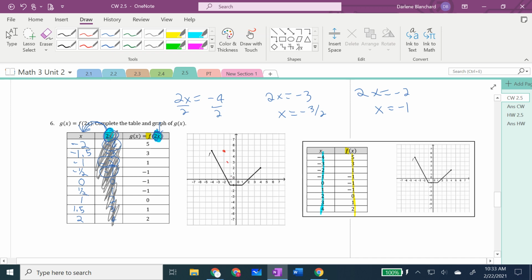Negative 1, 1. Negative 1/2, negative 1. 0, negative 1. Then 1/2, negative 1. And then 1, 0. 1.5 and 1. 2 and 2.